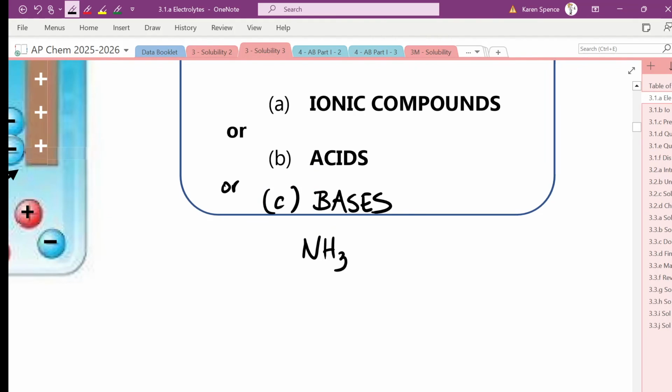And how does it become an electrolyte? What does it do? It drops an H to whom? How does NH3 end up giving us an electrolyte?